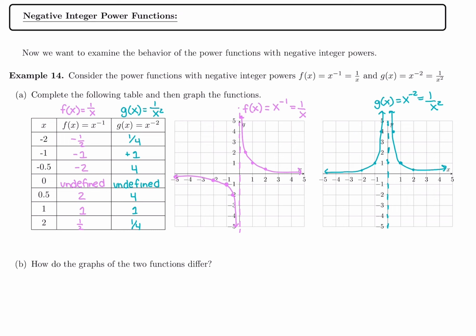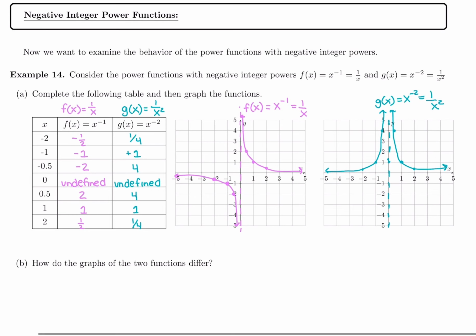So how do these graphs of the two functions differ? So we're going to answer about both functions. How they differ? Well, 1 over x squared is always positive.